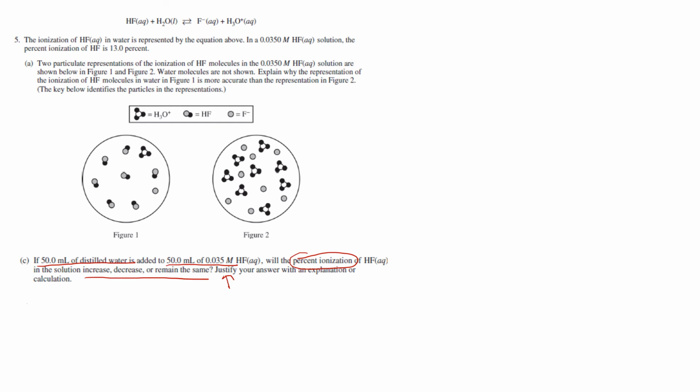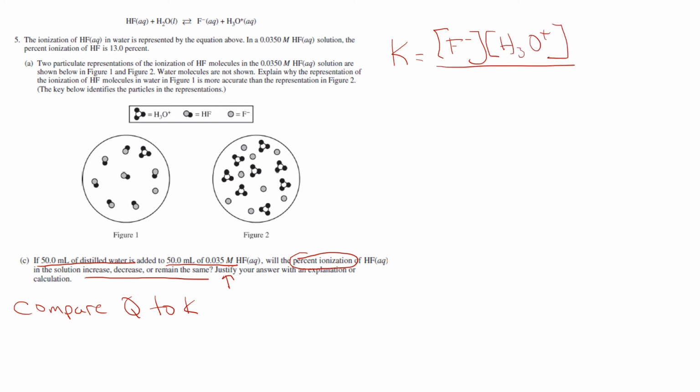We are going to compare our reaction quotient, which is Q, to our equilibrium constant, which is K. So we need to know what our equilibrium constant expression is. So I'm going to rewrite that. It is our products in solution, we're not going to include any of our pure substances in the expression, over our reactants.